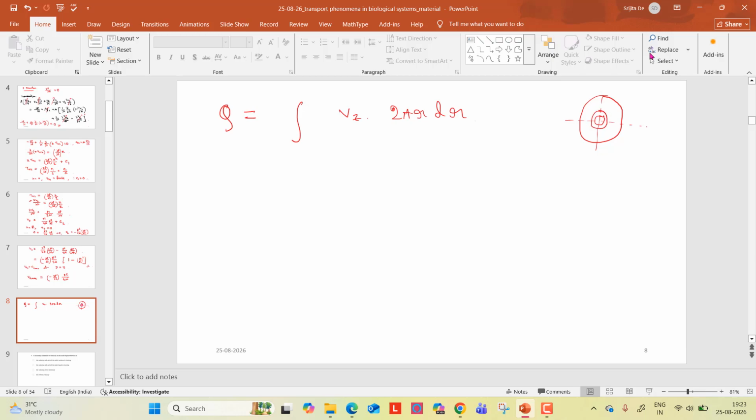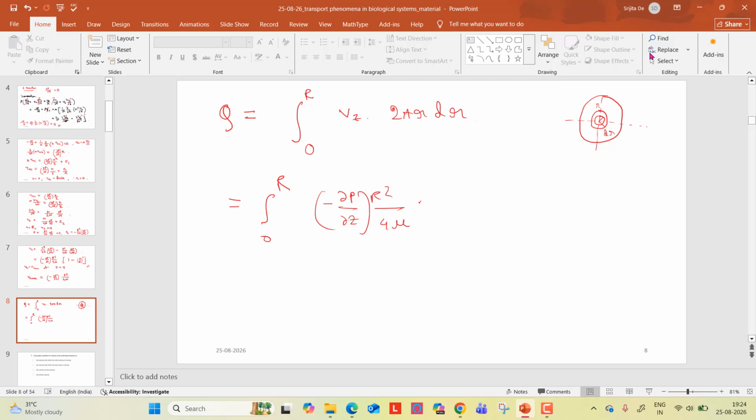So this distance is your r, and this distance is your dr. So we are integrating over this area. For a circle, it will be 2 pi r dr. It will be integrated from 0 to capital R. Now, the Vz expression we know, that is minus del P del Z r square by 4 mu.